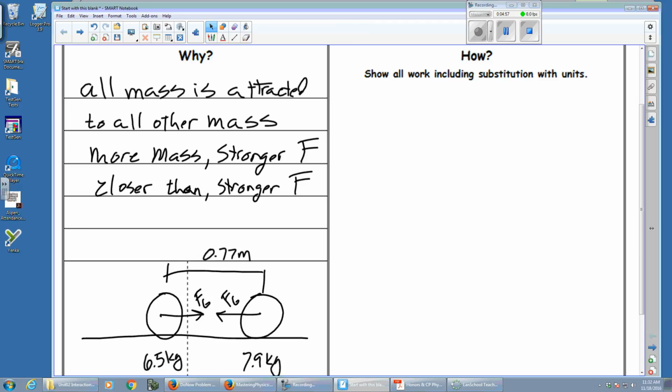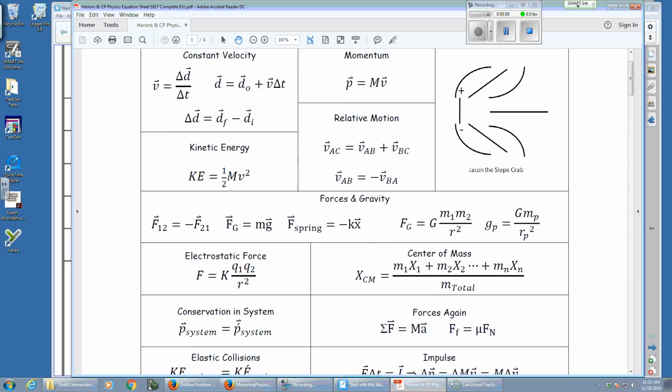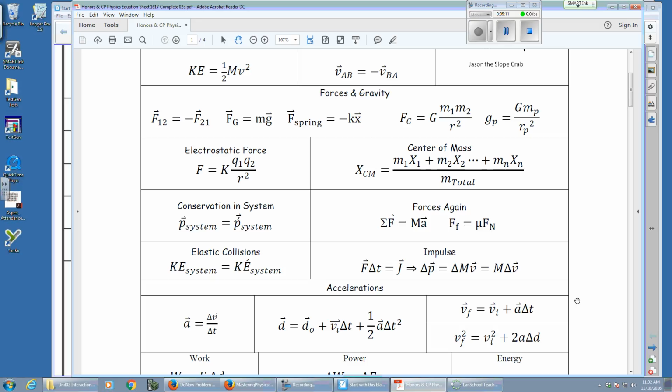Now I need an equation. We're trying to find gravitational force. What do we think? Probably in forces and gravity.